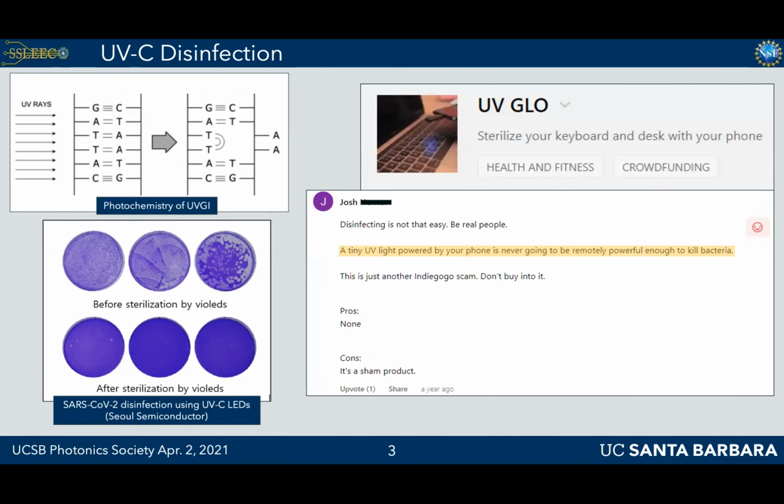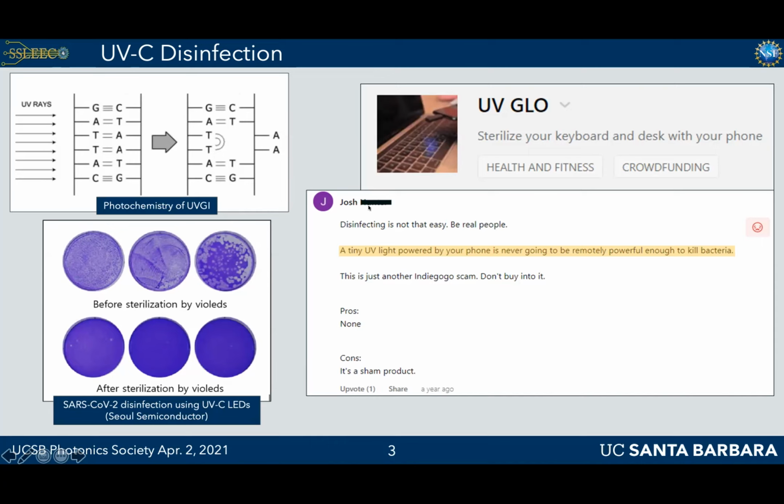I don't know if anyone else has seen this, but this is definitely something we've been paying attention to: there have been a ton of basically fake products ever since the COVID pandemic, claiming to be UV LED disinfection products, like this one that you plug into your phone.